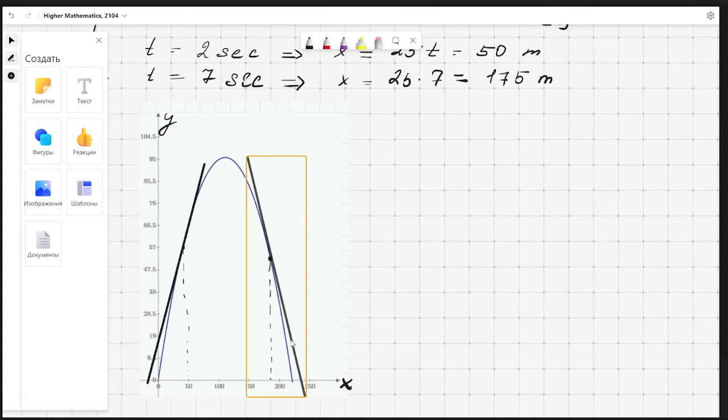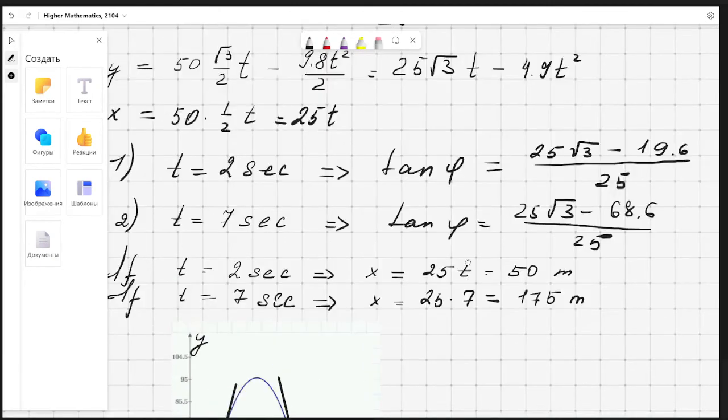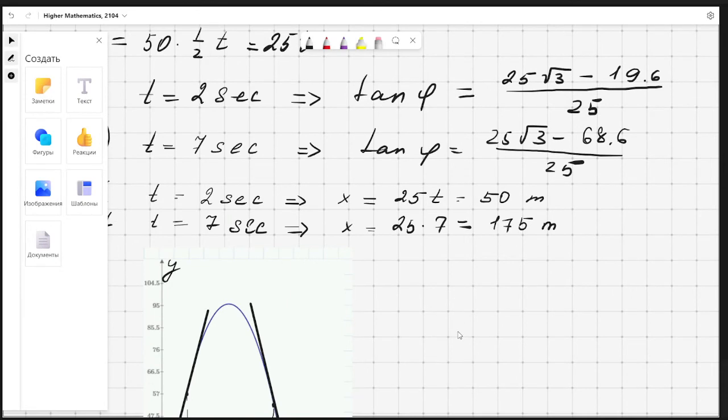This point. Here phi first, and this phi second.